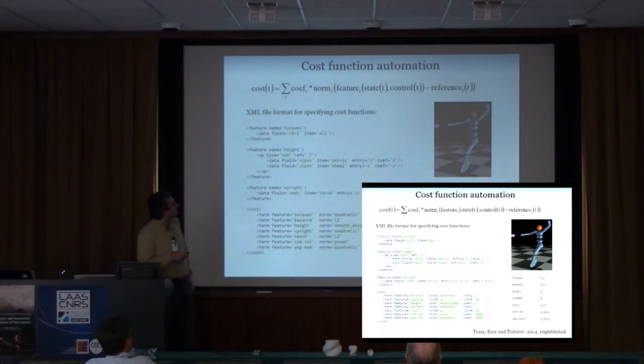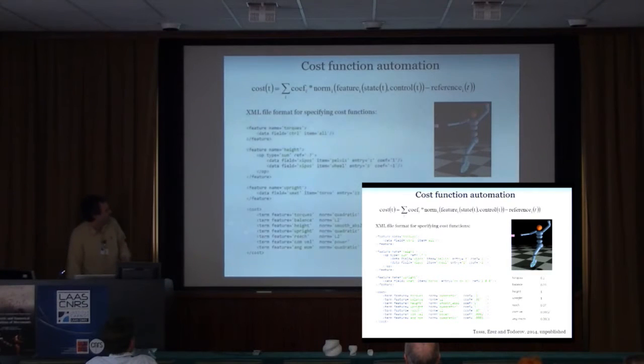You subtract the two, you get a residual. You use a norm to compress that residual down to a scalar, and you can have many norms that you want. Weight them with some scalar coefficients, and that's your cost. Okay? And so now what we do is we have a file format for describing these things. We say, okay, please go get me the center of inertia of the pelvis and get its z elevation, whatever, multiplied by 1.